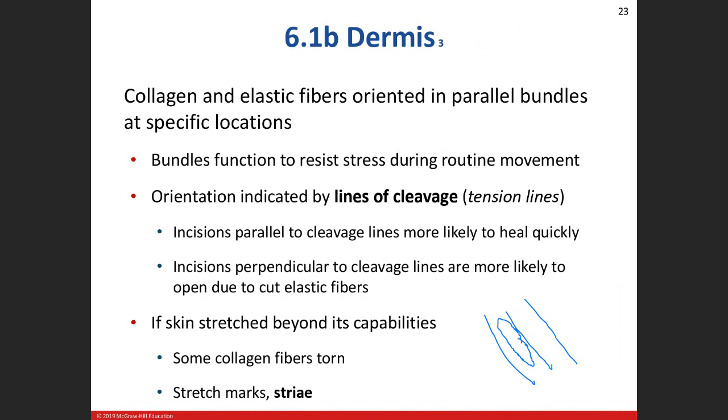And the less scar tissue, because what is scar tissue? It's collagen, okay? Collagen just kind of laid down in a haphazard position here. So we need to know these lines of cleavage. And basically, these lines of cleavage are designated through how these bundles are oriented, so they can resist stress during regular movements, okay?